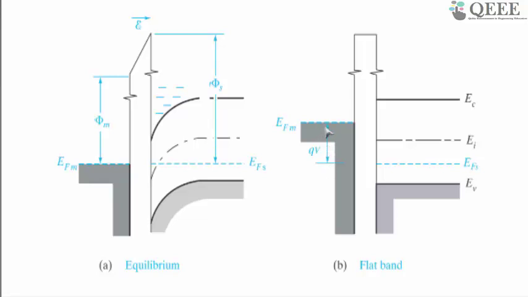Suppose we ground the substrate and apply a negative voltage; on that side the Fermi level moves up because this is electron energy. The difference between the Fermi levels on the two sides is nothing but qV. So this holds true. If the Fermi level is continuous, you can infer that there is no bias applied across the system.